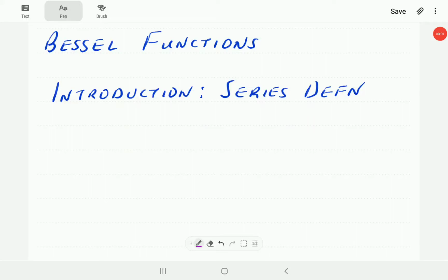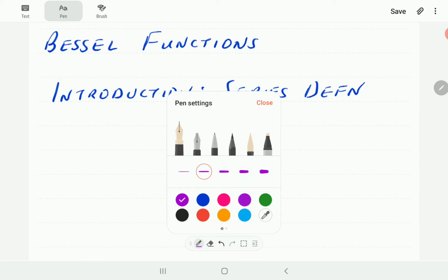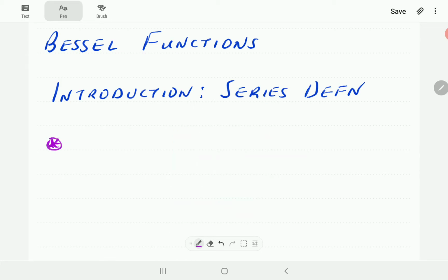Right, in this video we're going to talk about Bessel functions. In fact, we're going to derive a series definition of these functions. Okay, now Bessel functions typically arise as solutions of problems involving circular symmetry.